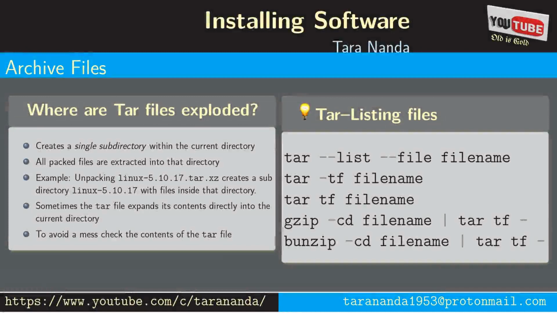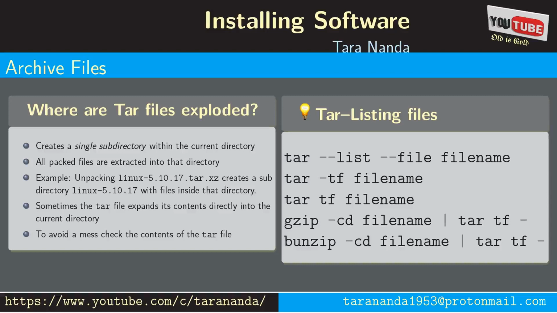Where are tar files exploded? Well, when you run the tar program, it will create a single subdirectory within the current directory. So let us say we have downloaded a file which we place in a directory called sources.